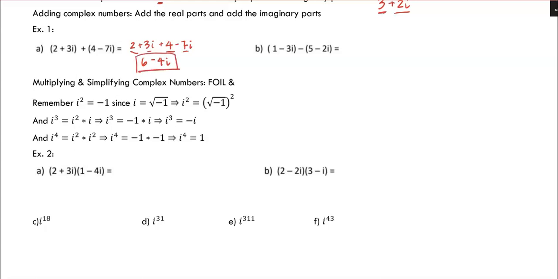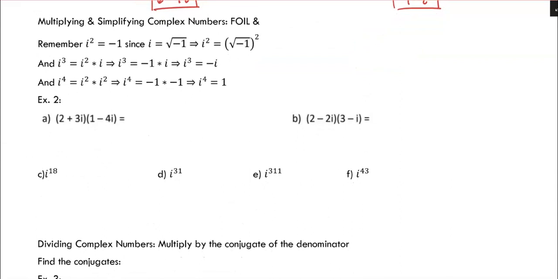And then here we have 1 minus 3i. Distribute that negative and combine the real parts, negative 4, and then minus 1i, you can have minus 1i if you wanted to.